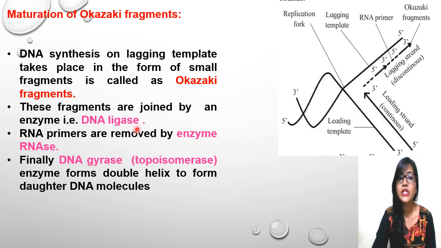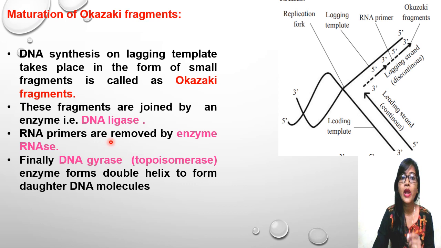These fragments are joined by an enzyme called DNA ligase. The RNA primers are removed. After the removal of the RNA primer, there will be an empty space. That empty space is joined by this DNA ligase. DNA ligase is the name you have to remember while talking about Okazaki fragments and their maturation.